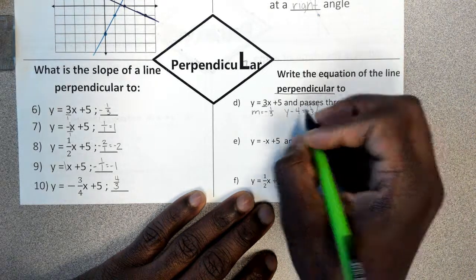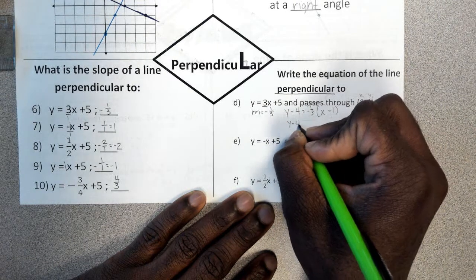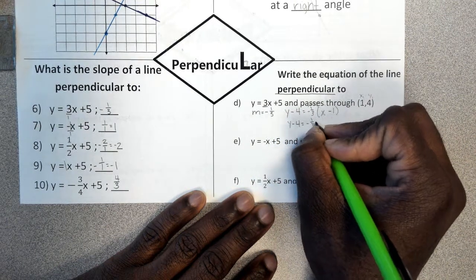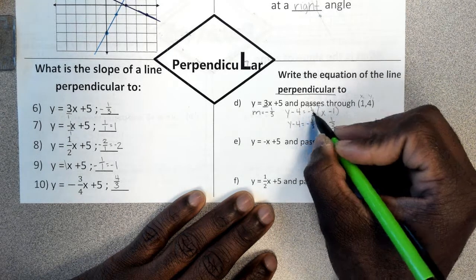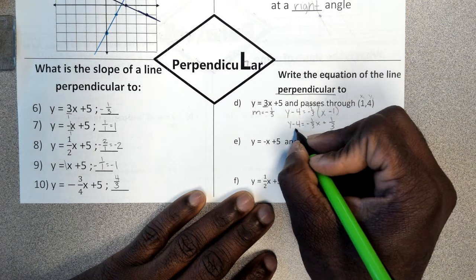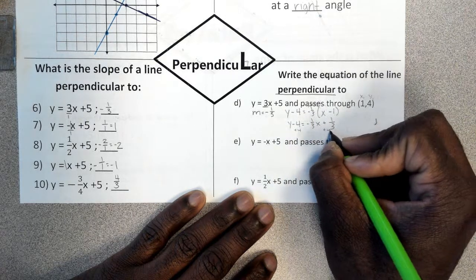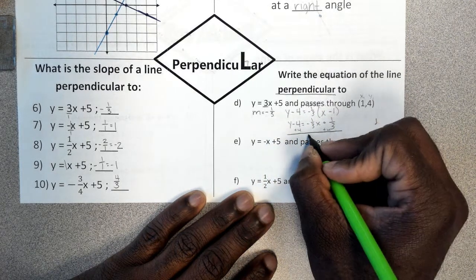Then we distribute that. Negative 1/3 x plus 1/3, because you have a negative times a negative. Then add 4. Now it keeps running out of space.